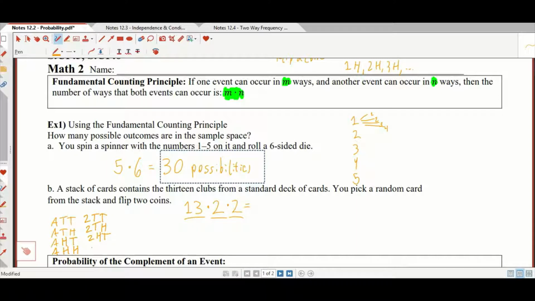It will be good evening to all of you if I just try to do this all day. So we would much rather say 13 times 2 times 2. 13 for the different cards, 2 ways to get the first heads or tails, and then 2 ways to get the second heads or tails. And that's going to be 52 possibilities.